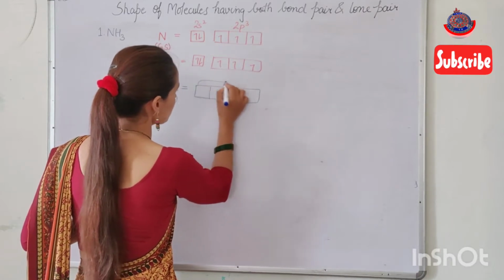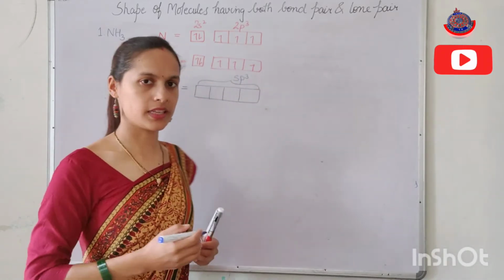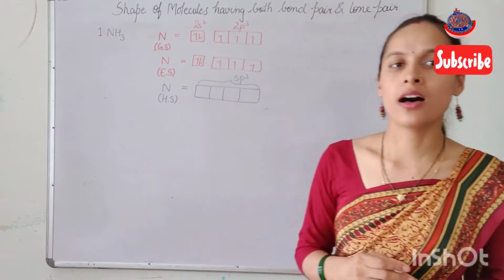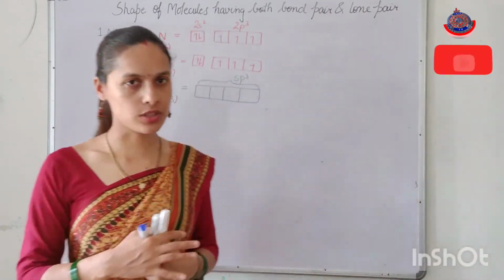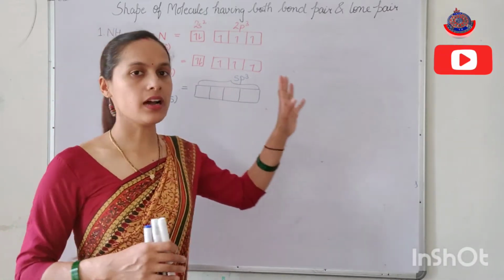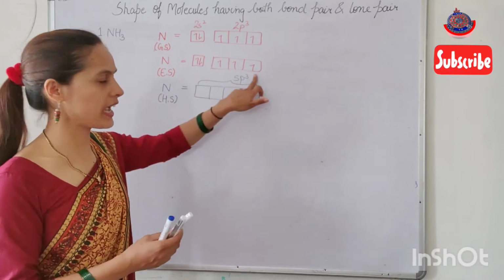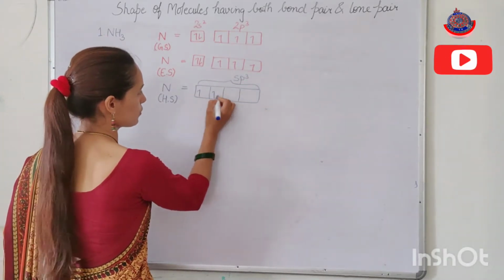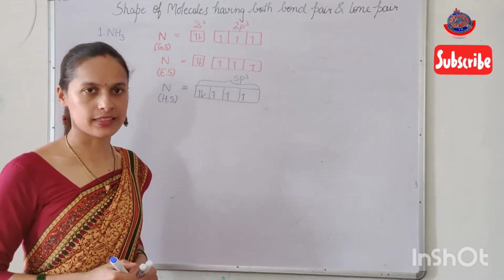The name of these hybrid orbitals is sp3. Now, if I fill the electrons in these hybrid orbitals, how many electrons do I have? Five electrons. So I fill 1, 2, 3, 4 and 5 like this.